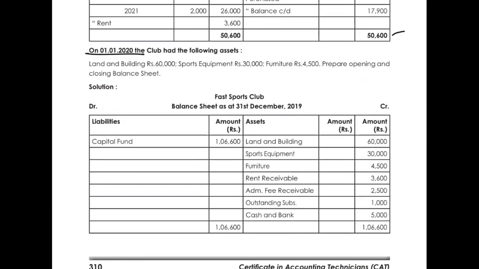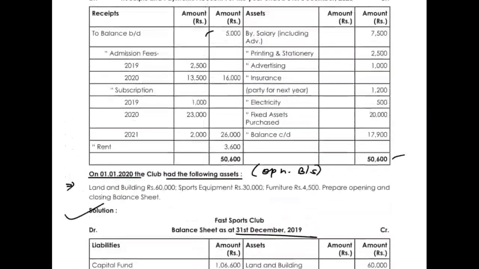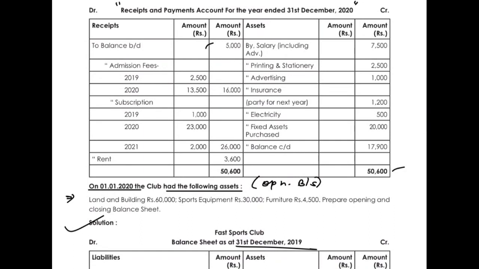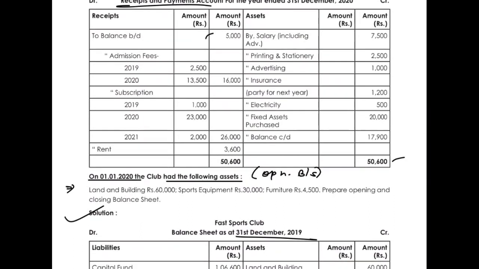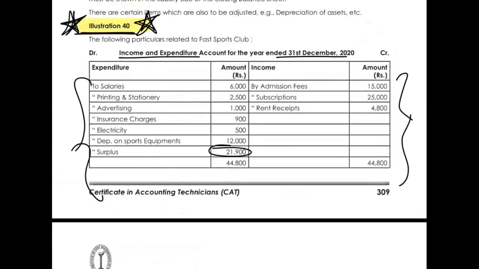On 1st of January 2020, the club had the following assets. This is the information for your opening balance sheet. Okay, so this is the opening balance sheet of 31st of December 2019 that you need to prepare, asset side and liability side. From this information, you will get some information from your balance sheet also, and receipt and payments, as well as your income and expenditure account.